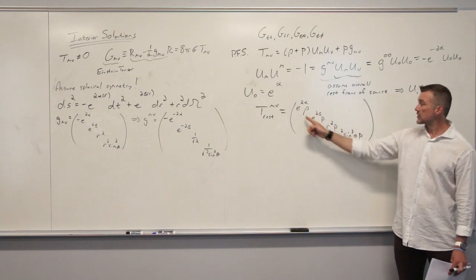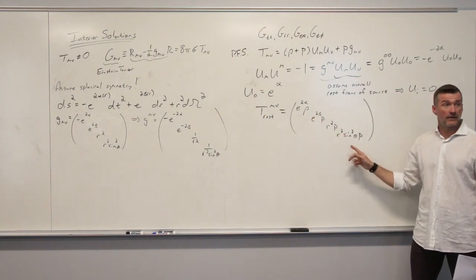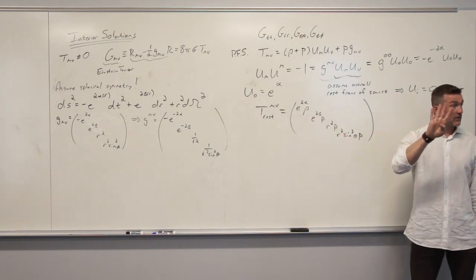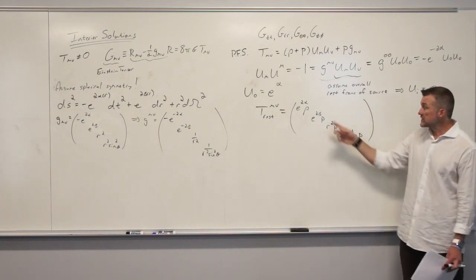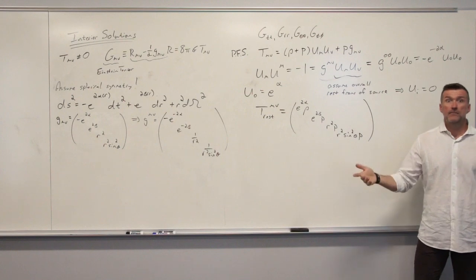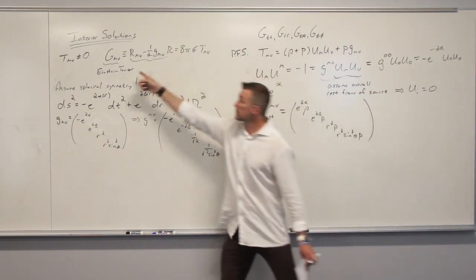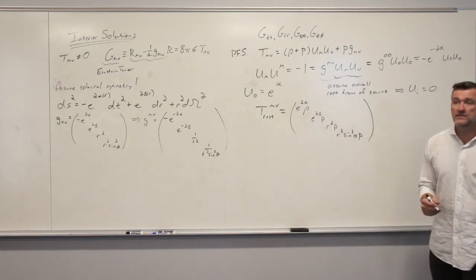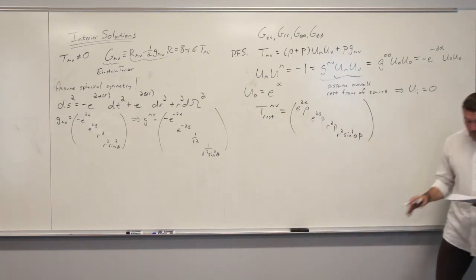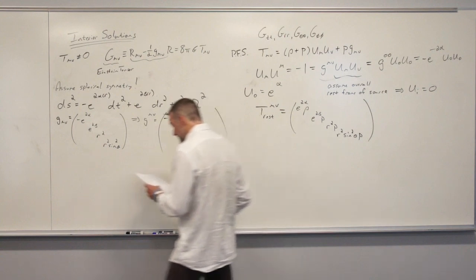So that's the TT term, the RR, theta theta, phi phi. And that will give us 4 differential equations. They're differential equations because the right-hand side involves the same unknown functions that are going to come out of putting this metric into Mathematica and getting the Einstein tensor. Okay, so let's start looking at some of these.